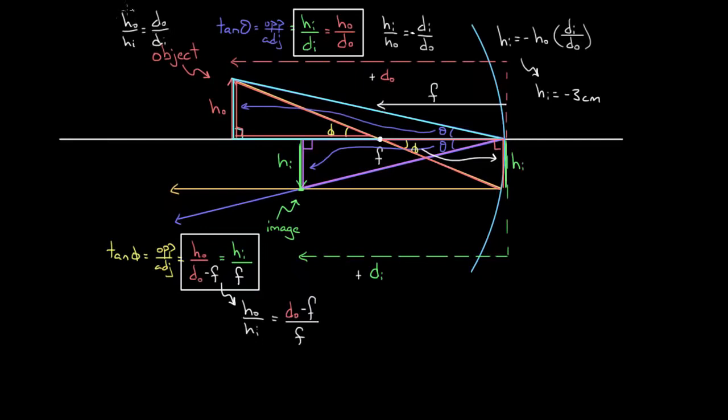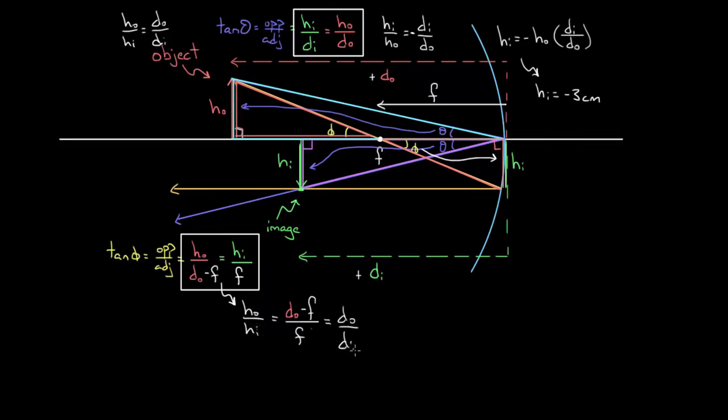But this left-hand side right here is the same as this left-hand side right here. So we know that HO over HI already equals DO minus F over F. And up here we know that HO over HI equals DO over DI. So that means that DO minus F over F has to also equal DO over DI, since both of these expressions equal HO over HI.